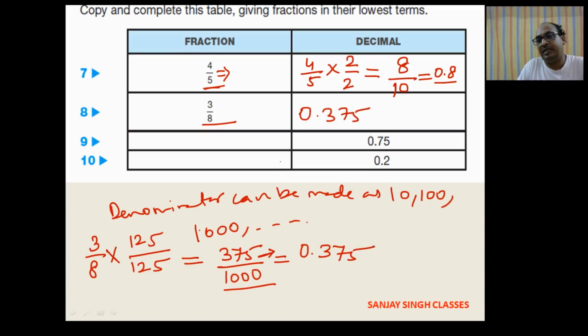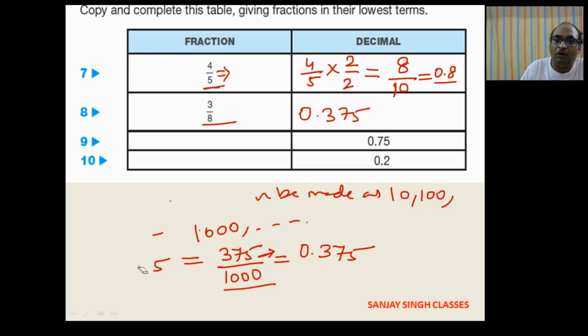It is one method, and another method is the long division method, where we need to go for dividing. That method also I will tell you. I will simply go for the long division method, and then you will understand.